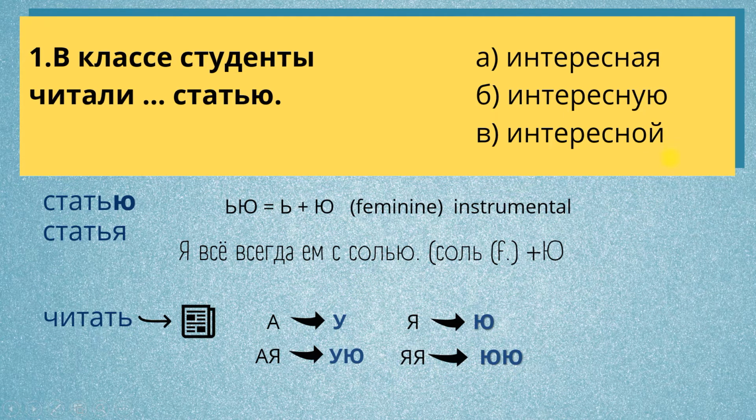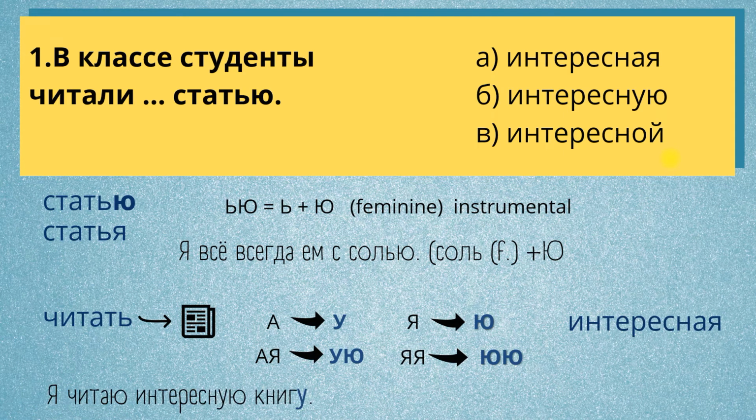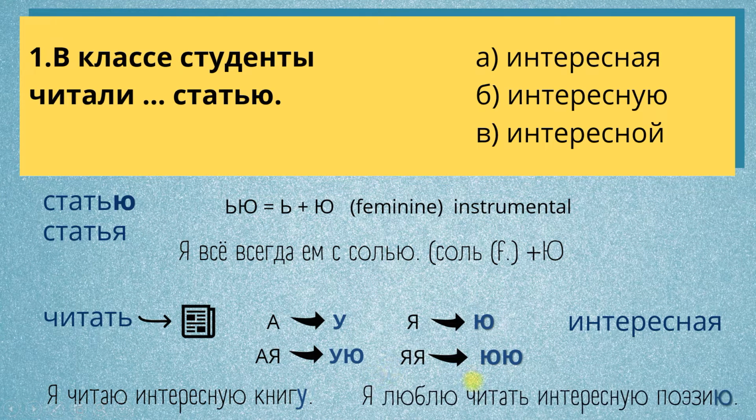And of course it's интересную. Я читаю интересную книгу. Because интересная in nominative was with "aya" and it would be "uyu". Я люблю читать интересную поэзию.